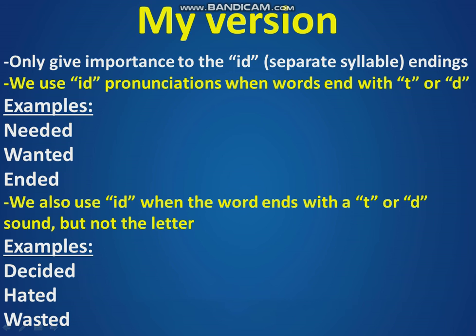Now, we use ID pronunciation when words end with a T or a D. For example, needed, wanted, and did. Need ends with a D, want ends with a T, and did ends with a D. Now, we also use ID when the word ends with a T or D sound, but not the letter.